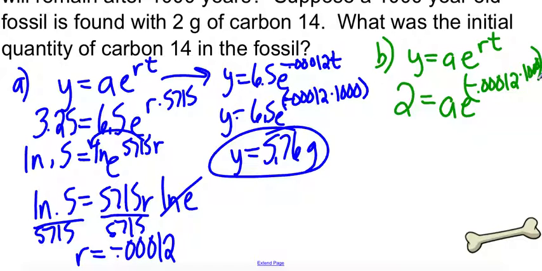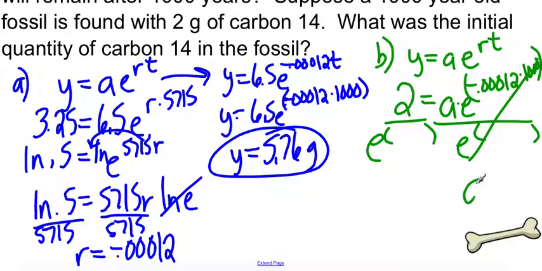We're trying to solve for A, so you divide both sides by e to that giant mess. Those cancel. So you take 2 divided by e to the negative 0.00012 times 1,000. And when you do that, we find that this fossil started with around 2.25 grams.